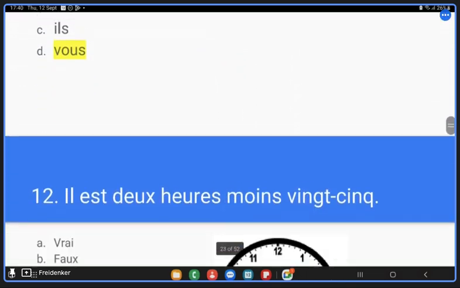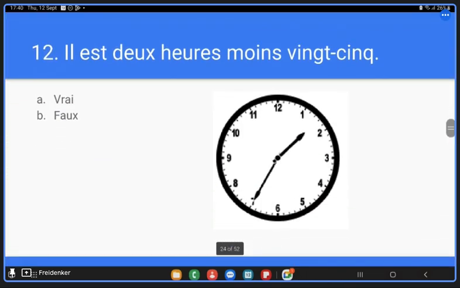Vous êtes amis. Il est 12 heures. I don't know if they will ask the time topic tomorrow, but you're supposed to know your numbers. If you have free time, just go through the time topic if it's possible. It is 2 hours minus 25. It's telling it's 2 o'clock minus 25. Is it true?